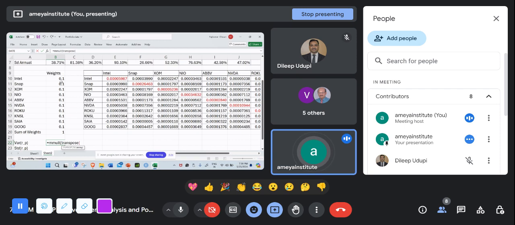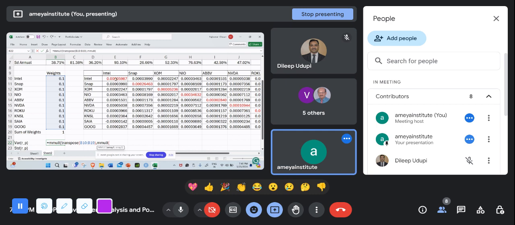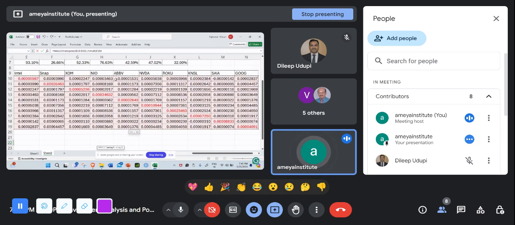So we'll select the weight, bracket close, comma. Now it has got transposed, multiplied with variance covariance, right?